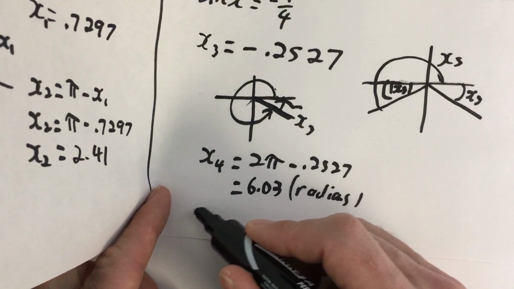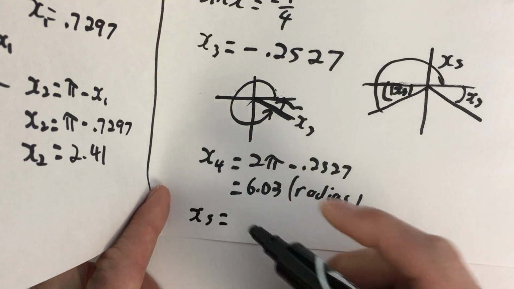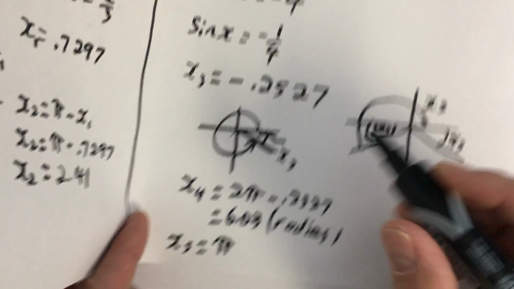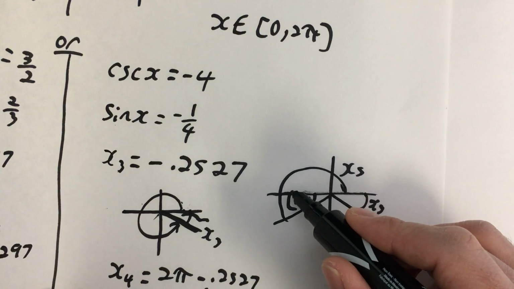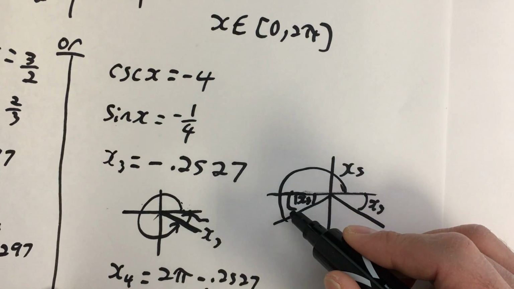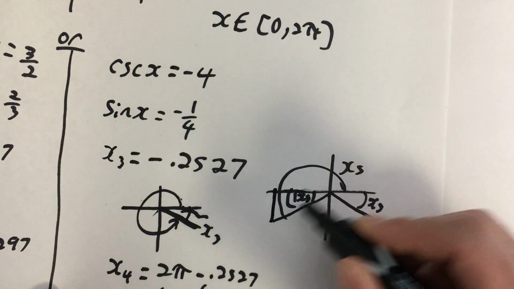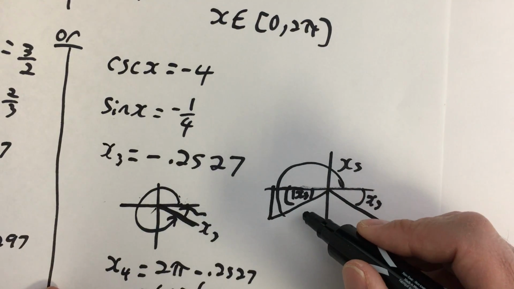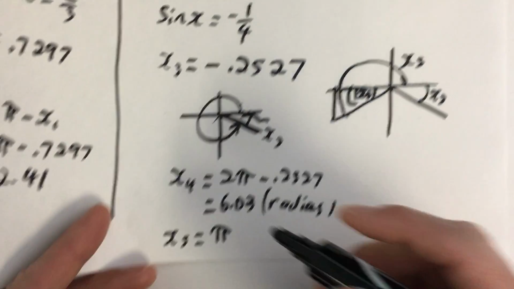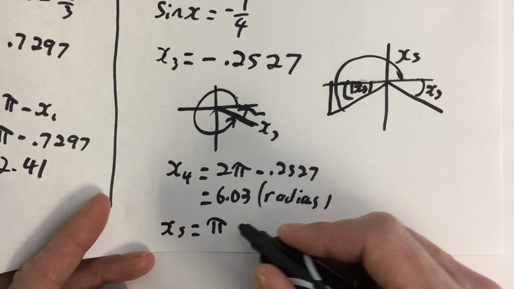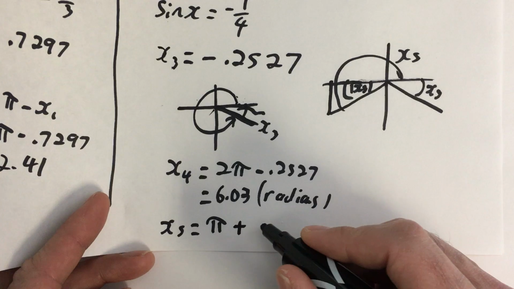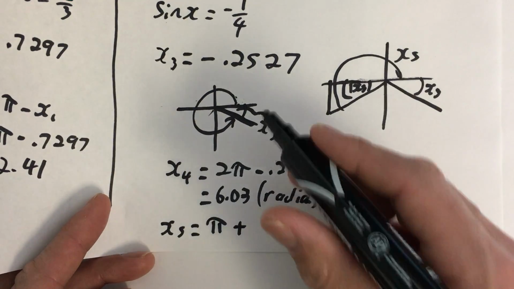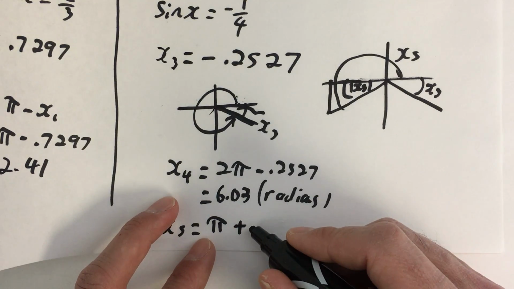So my 5th angle that I found is going to be pi. It's a 180 rotation plus that angle down there, because that angle is going to have the same opposite over hypotenuse fraction as this one. So that's going to be pi plus x3's magnitude, so plus 0.2527.